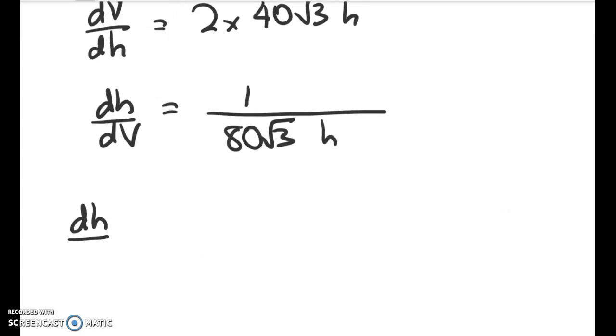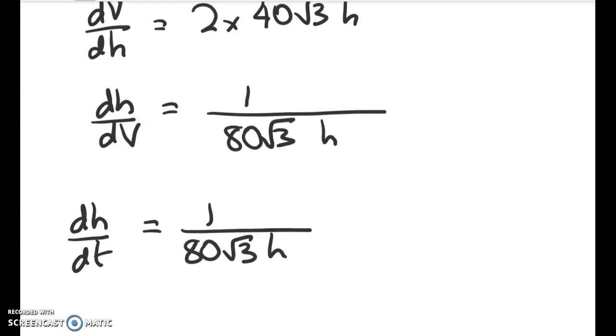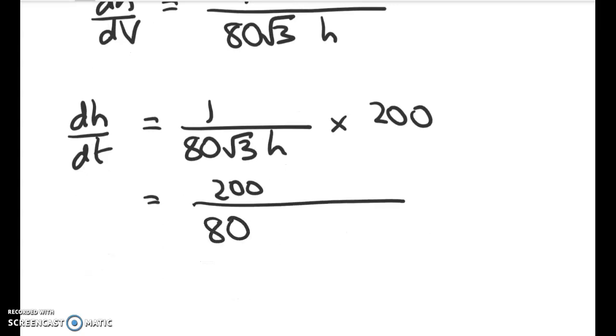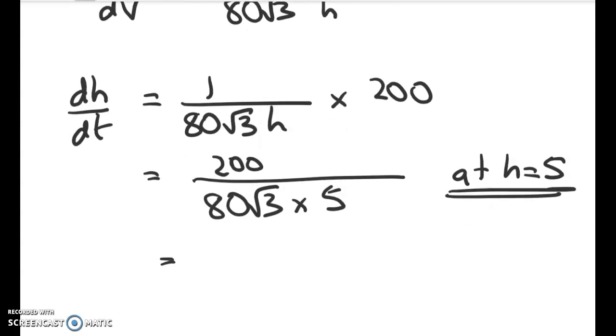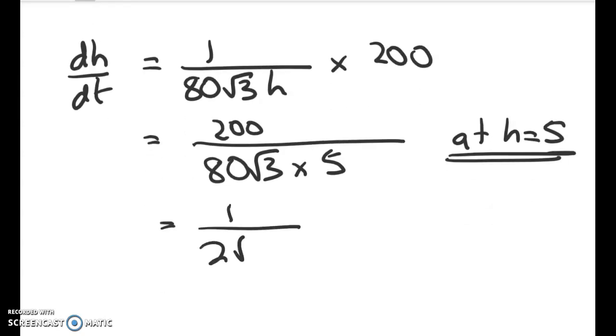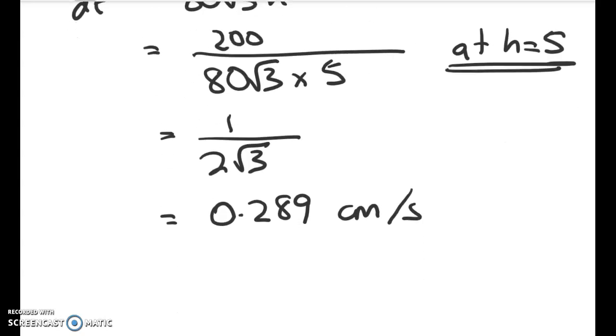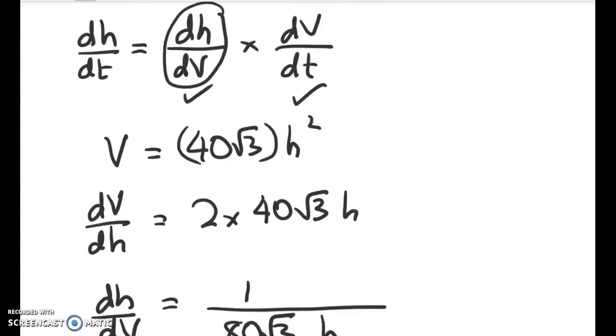So dh by dt is equal to 1 over 80 root 3 h times 200, which gives me 200 over 80 root 3 times 5 when we substitute in at a height of 5 centimetres. That gives me 1 over 2 root 3, which simplifies to 0.289 centimetres per second. Okay, so that's the end of those questions.